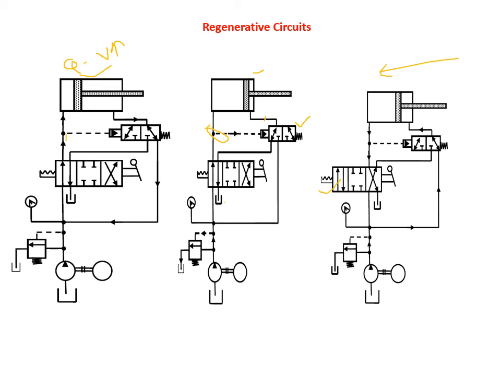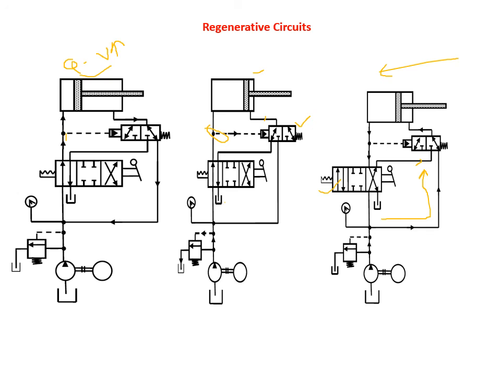Now as this valve is at its original position, it is not letting this fluid go directly to the rod end side of the actuator, but it has to go through this path. So the fluid will follow this path and it will go to the rod end side of the actuator, and it will make sure that the retraction will be smooth and slow.